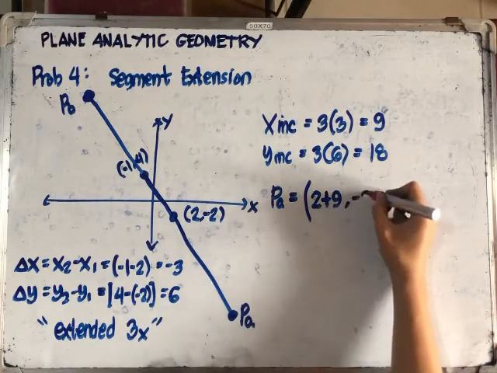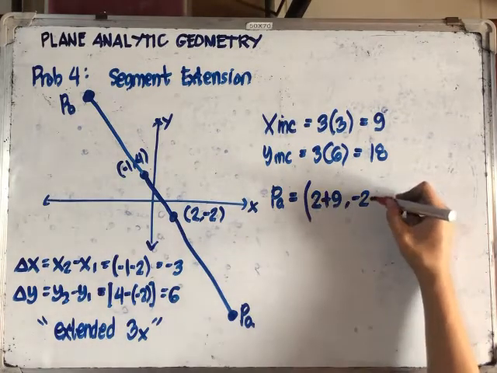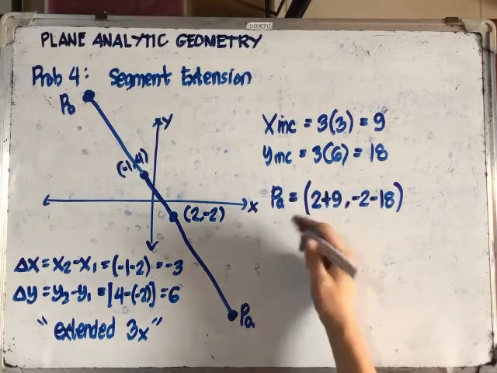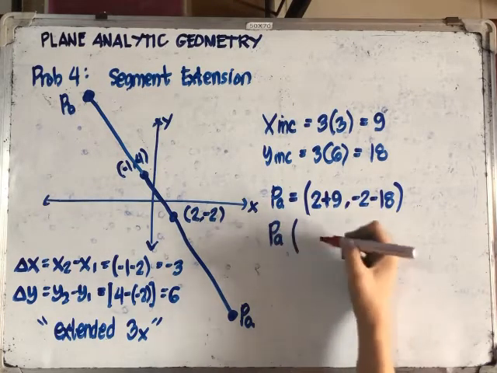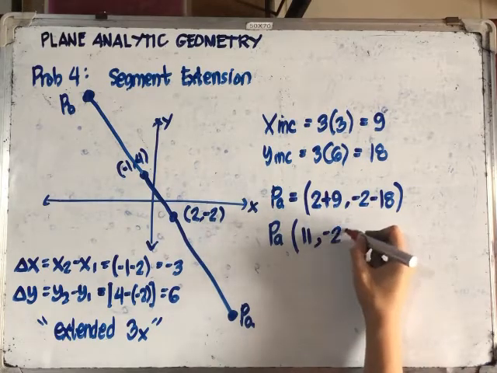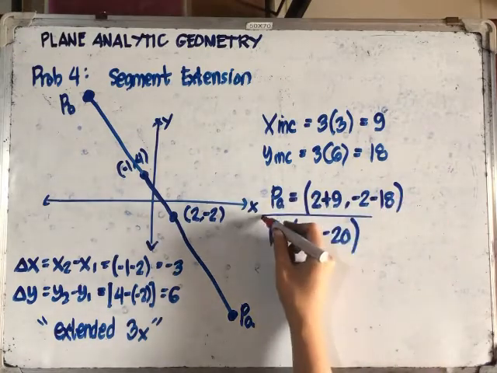And then, negative 2 ang kanyang y and it's going down. So, that's a minus na y. So, this is negative 18. So, that our final PA coordinate would be 11, negative 20. That's one of the terminal points that we are looking for.